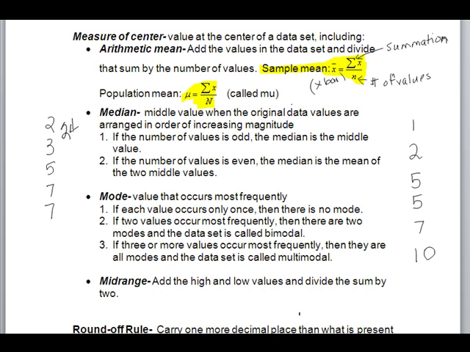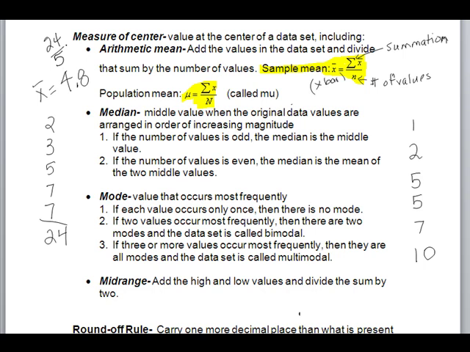And we want to divide that by, we have 5 values. 24 divided by 5, and we get 4.8 for the mean. So that's we'll call it X bar. We'll say it's a sample. So we added them up and got the 24, and we divided by 5 to get 4.8.